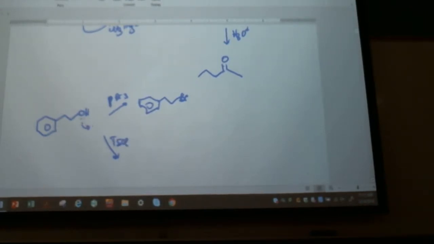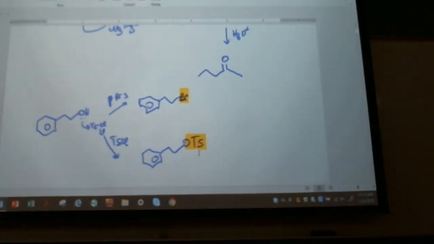This attacks the tosyl, eventually will get rid of the hydrogen, and you form this tosylate. Tosylates are very good leaving groups because there's all of this resonance stabilization of the tosylate group that leaves. So this is just like having a bromide there. You just have a really good leaving group.